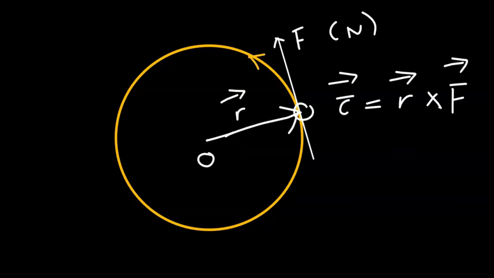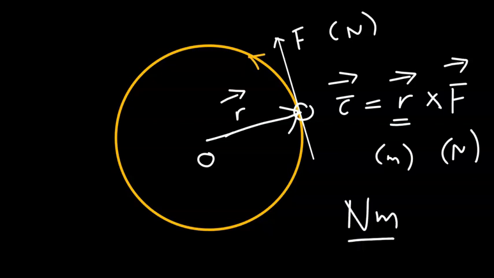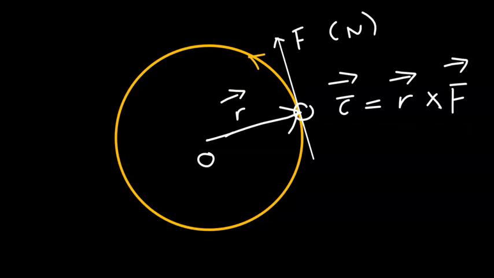Since the position vector is measured in the unit of meter and force is measured in the unit of Newton, torque has an SI unit of Newton meter. What about the direction of this torque? Note that the vector r is going that way, and vector F, the force vector, is going that way.